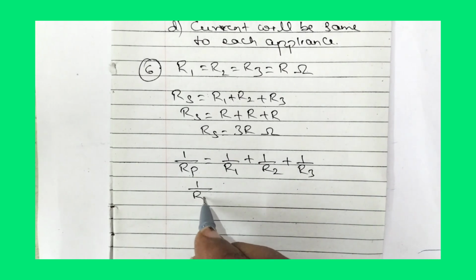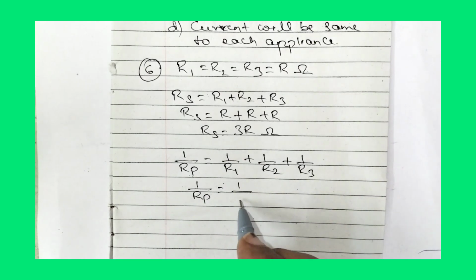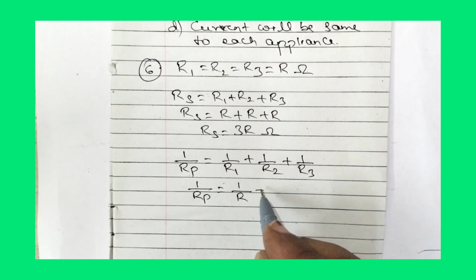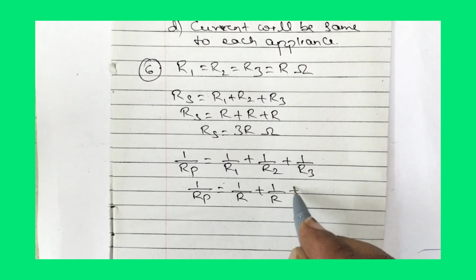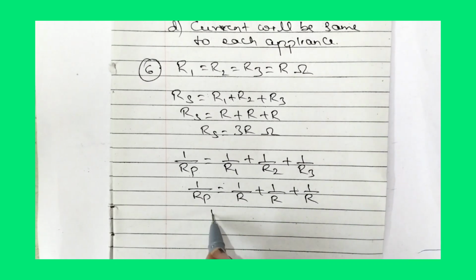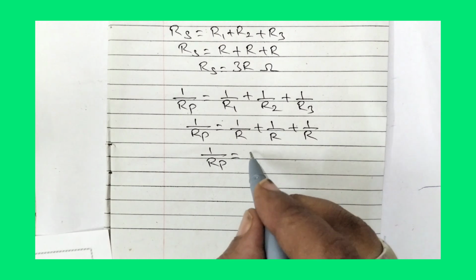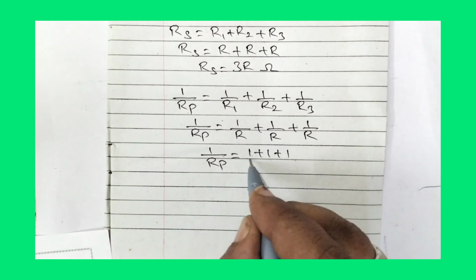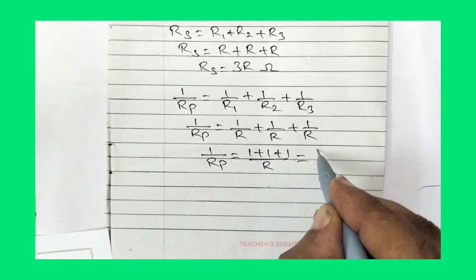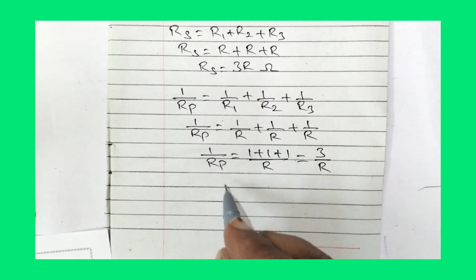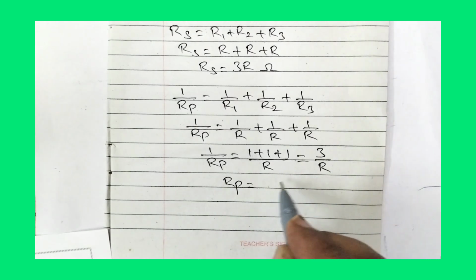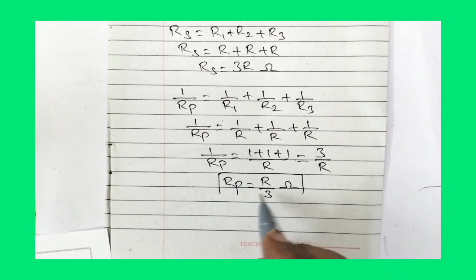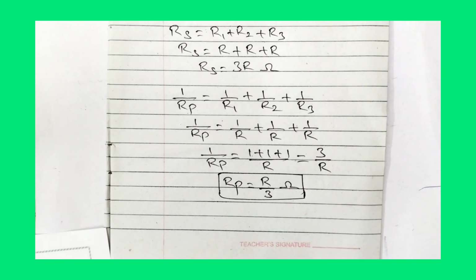So 1 over Rp is equal to 1 over R plus 1 over R plus 1 over R. All the denominators are the same, therefore add the numerators: 1 plus 1 plus 1 divided by R, which is equal to 3 by R. Taking the reciprocal, Rp is equal to R by 3 ohm.